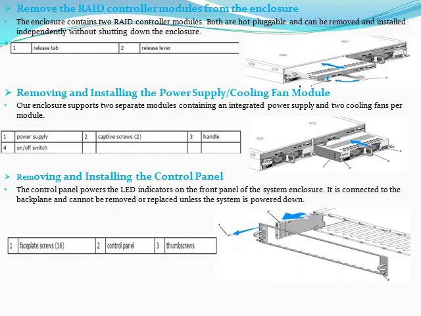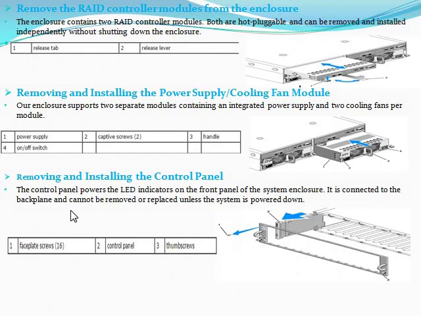Using a flat head screwdriver, loosen the two captive screws securing the power supply and cooling fan module in the bay. Then grab the handle on the power supply and carefully pull the module out of the bay. For installing, we gently push it in and tighten the screws.